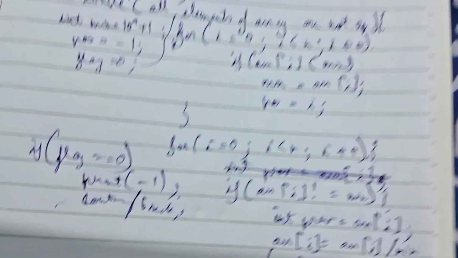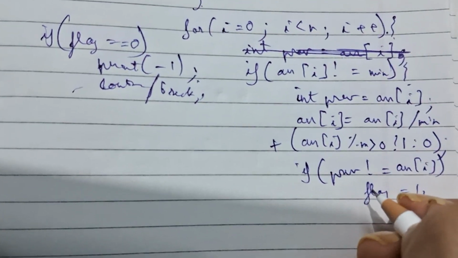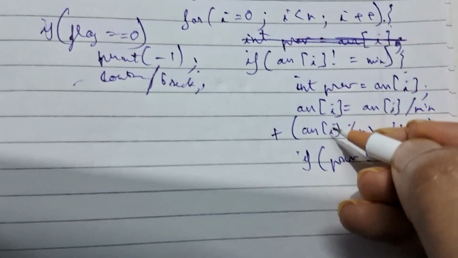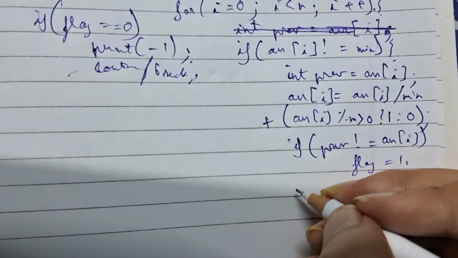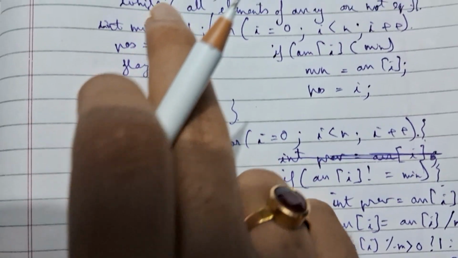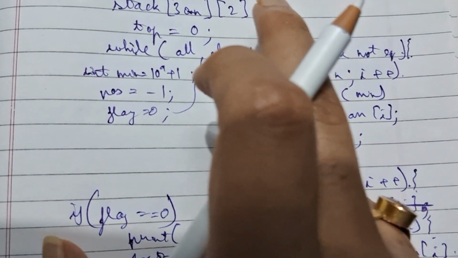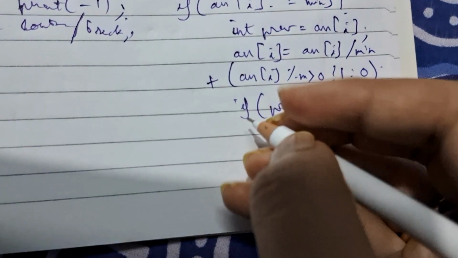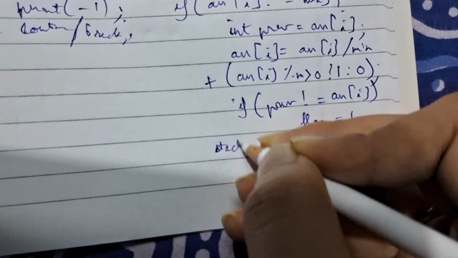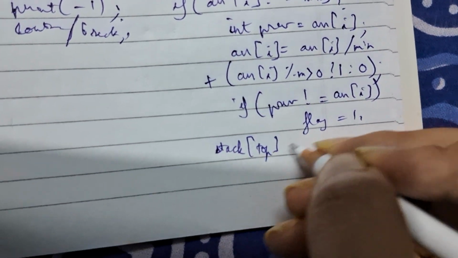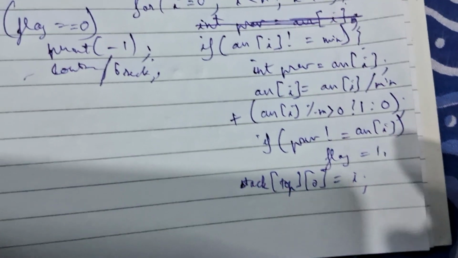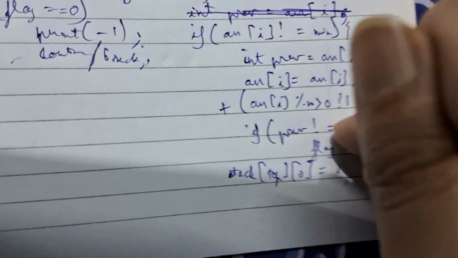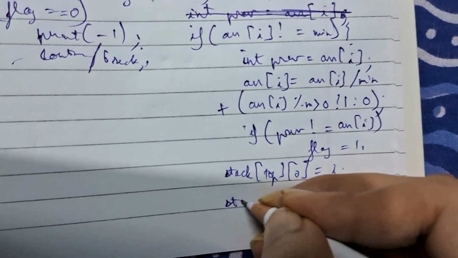How? I'll let you know. So once we are done with this, at this position, remember I told you about the stack thing, top and these two things. So we are going to make stack of top of 0 as the position that I am presently in, and what I am dividing it with?